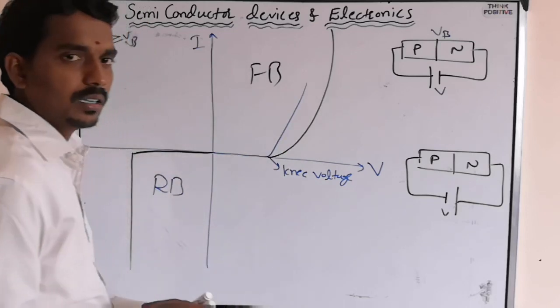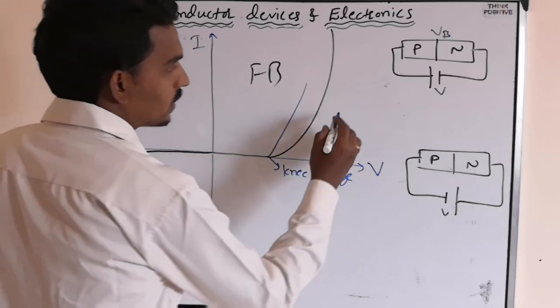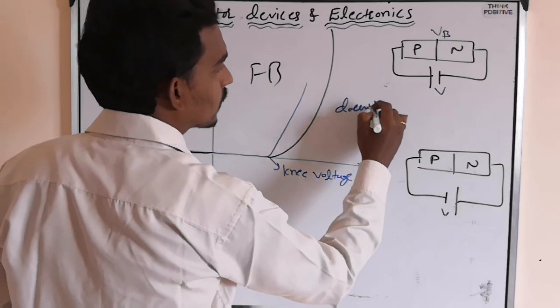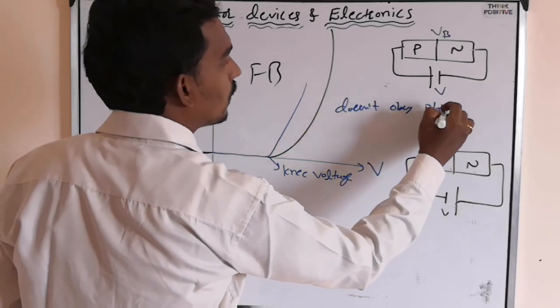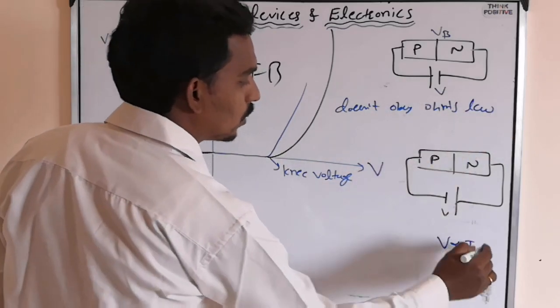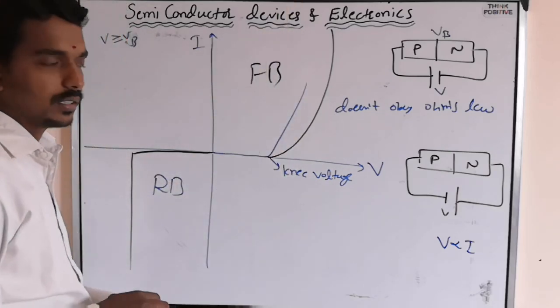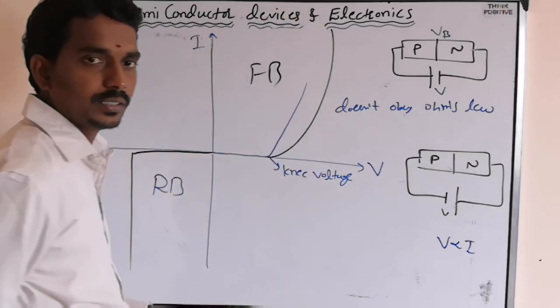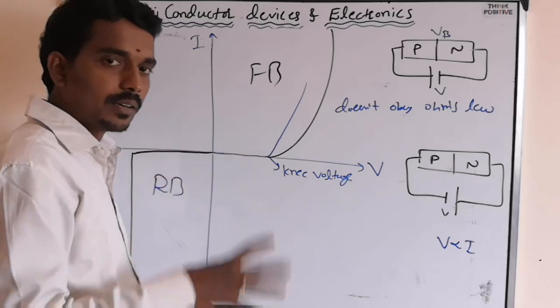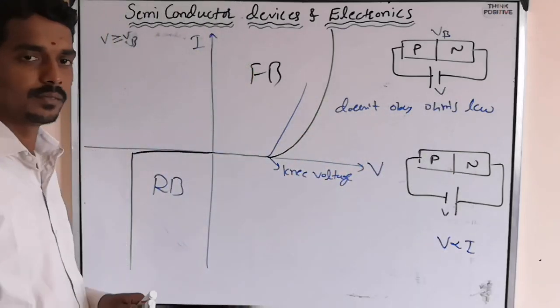And here you can understand one thing, that diode doesn't obey Ohm's law, because Ohm's law says V is proportional to I and the graph must be a straight line, but here it is a curve. That's why diode is one of the devices which doesn't obey Ohm's law.